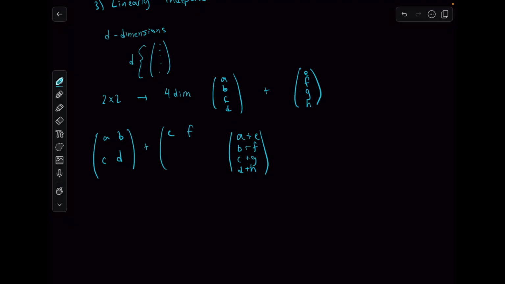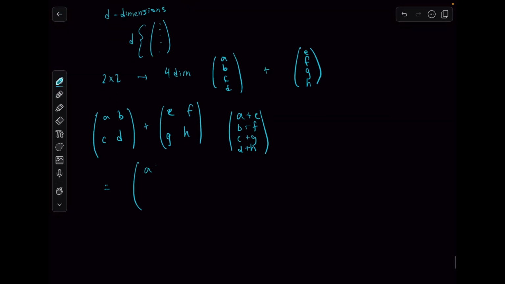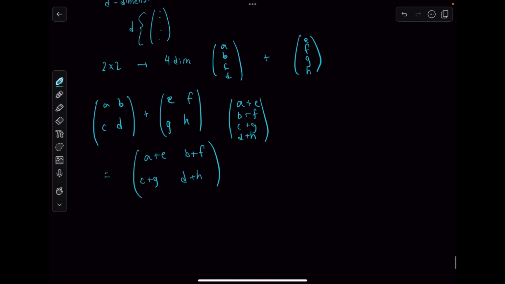Well, the rules for matrix addition are exactly the same as the rules for vector addition. You just add each element. And not only that, but scalar multiplication is exactly the same too. Whatever scalar you're multiplying by, every element in either your vector or matrix gets multiplied by that scalar.